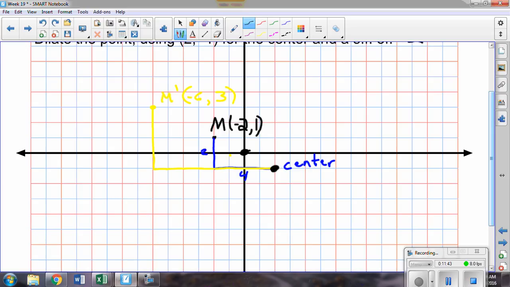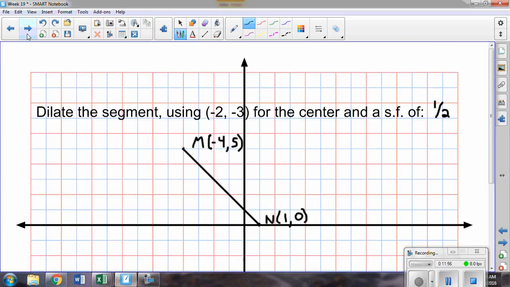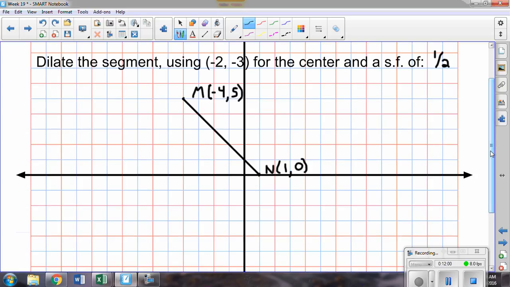But if we pick a different center, then it's a different size gap, and we have to pay attention to that. That clear up your question a little bit, Jerica? Okay. Well, let's continue that same idea. And I would like to see you, people at home, pause the video, try out this problem on your own.